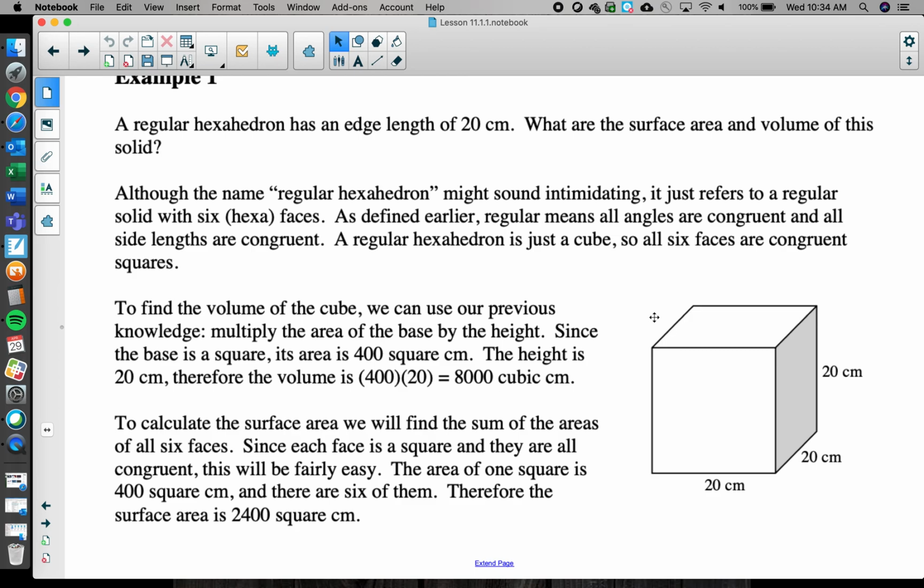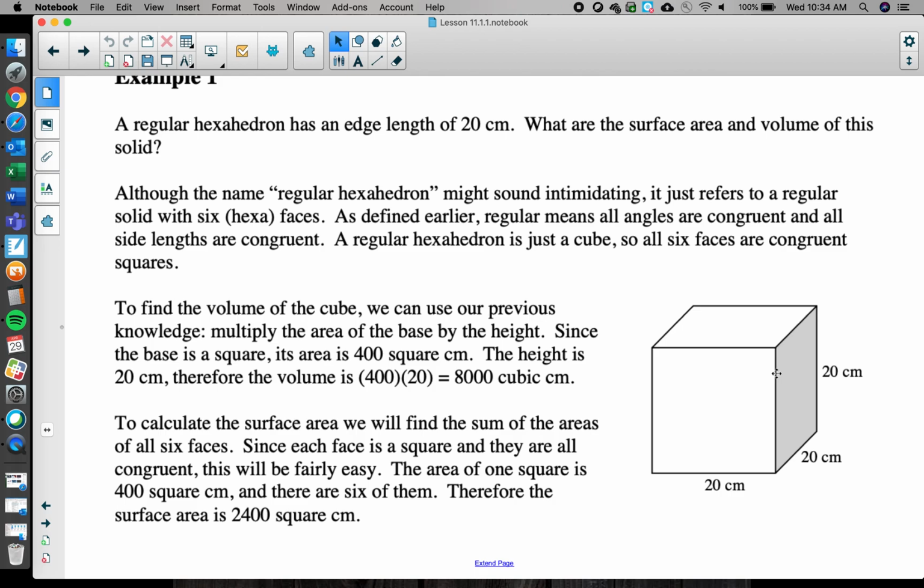Remember, for surface area, it is just the area of all the sides. In this case it's a cube because it's 20 by 20 by 20. You've got a 20 by 20 bottom, 20 by 20 top, front, back, left, right. Find the area of all the parts, add them all up to get your surface area.